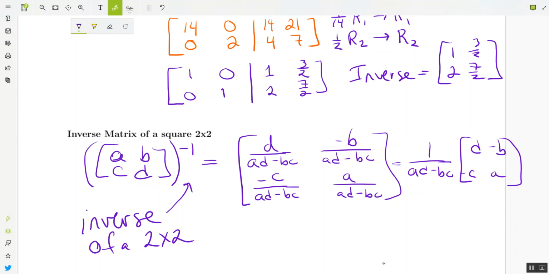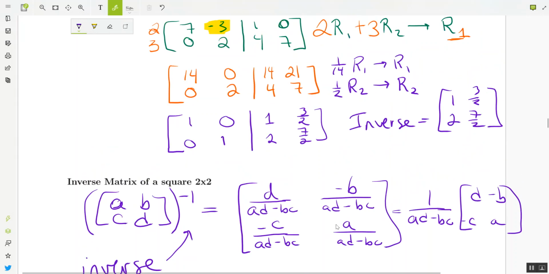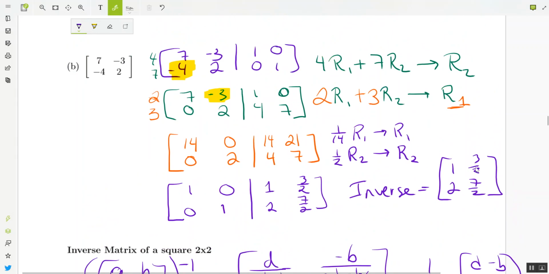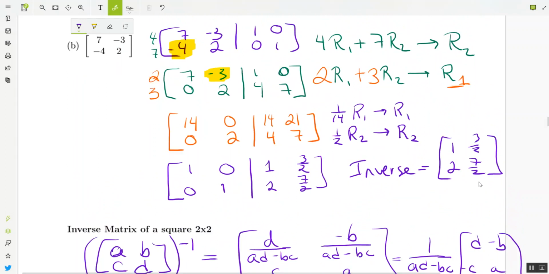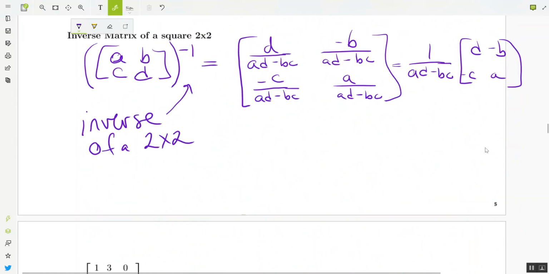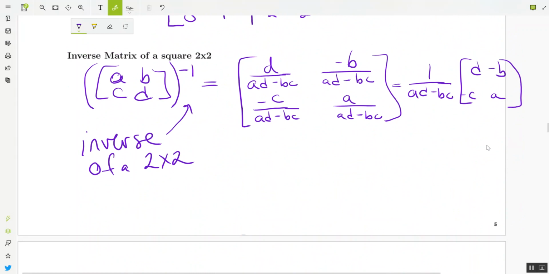Okay, so just to prove to you that that's exactly what happens, I'm going to go through and do this one, so you can see that it comes out the same, because we're hopefully going to be able to fit that on there. You know what I'm trying to say, right? So for instance, if we took the matrix from part B, and we did this to it.